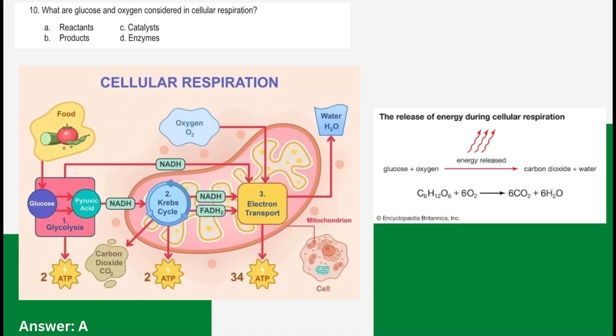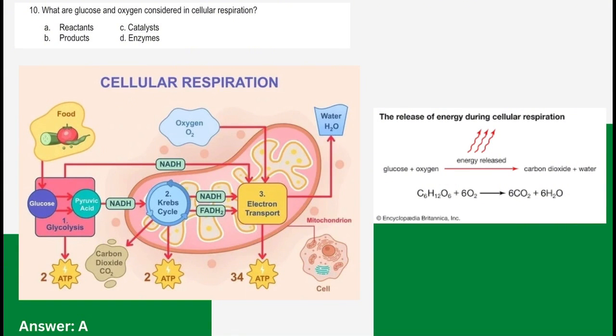So, oxygen and glucose in cell respiration, on the left side of the equation, we call the reactants. Now, why not letter B? Letter B is products. Products of cell respiration are ATP, carbon dioxide, and water.